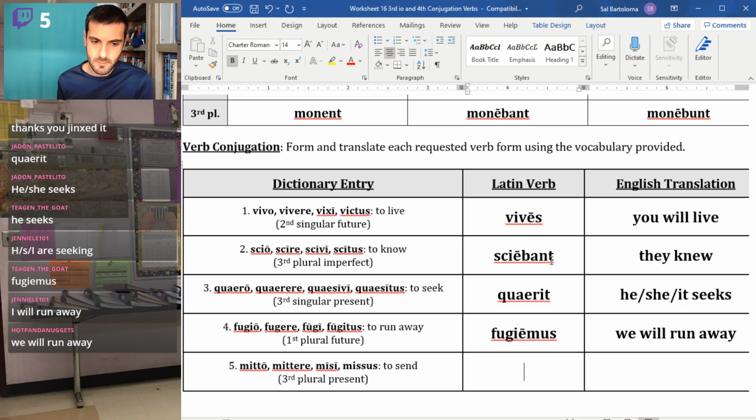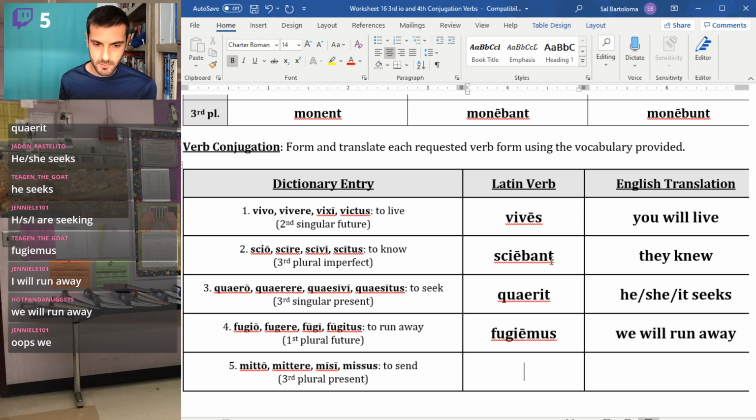And last one, mitto, mittere, we want third plural and present. Mitto, mittere.